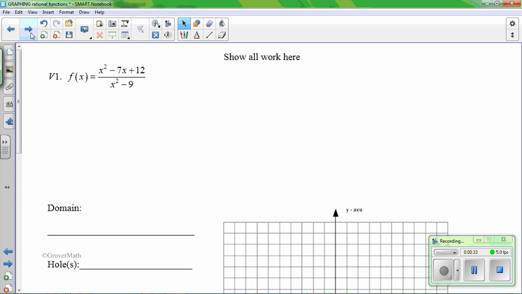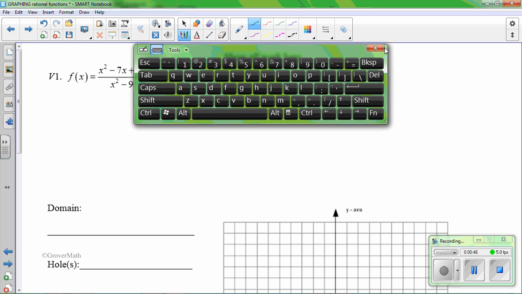So here's our first example, and you'll see the way that these problems are going to be set up in class and on the exam, where I'm going to give you a problem and space to do all your work.